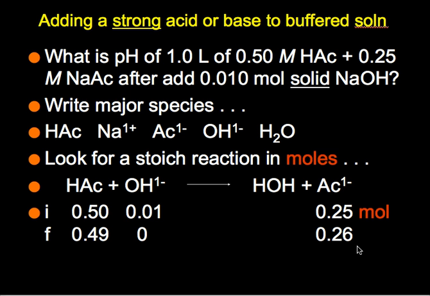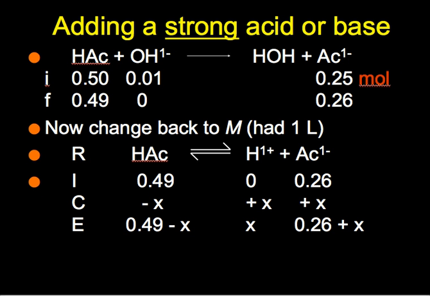So you've got to do the stoichiometry. You've got to consider the change in concentration of both the weak acid and its conjugate base. Once you have the moles, then you calculate the concentration. For this problem, it's a 1 liter solution, so our molarity and our moles are the same. So as you can see here, we've got the equilibrium set up.